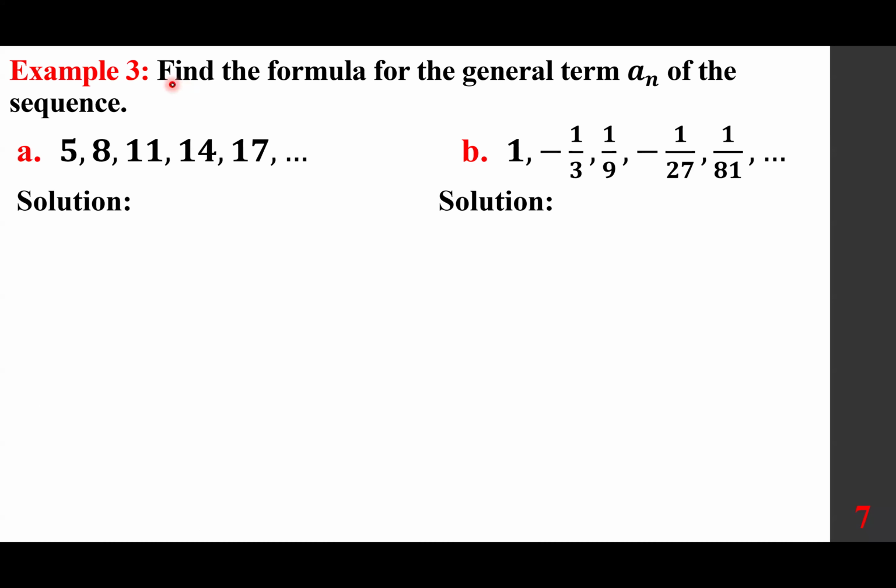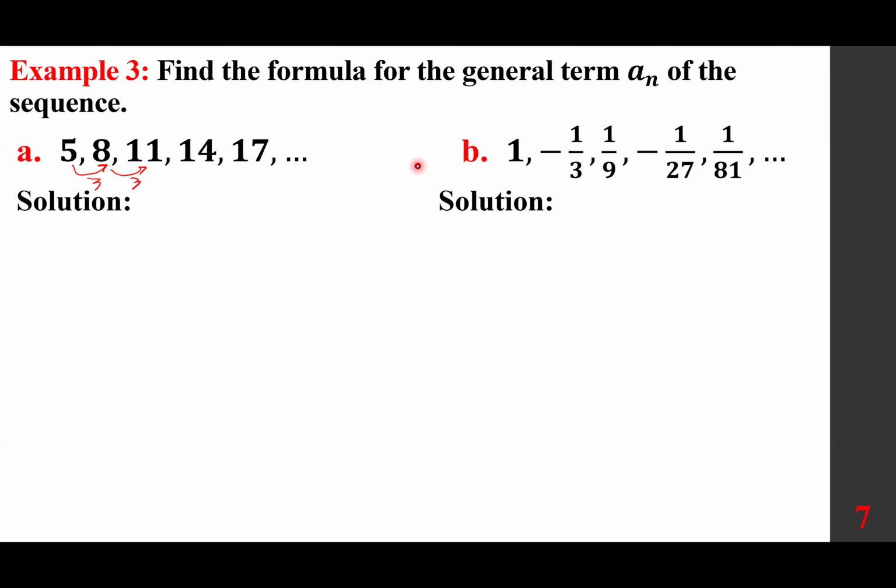Find the formula for the general term a sub n of the sequence. And by the way, this is normally more complicated than the other way around. In any event, you should look for a pattern. And I hope you realize 5 to 8 to 11 to 14 to 17, what we are doing is adding the same number. And you really have to check with the next one and the next one and the next one.